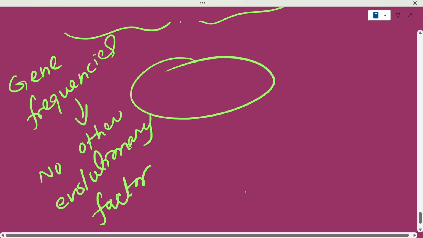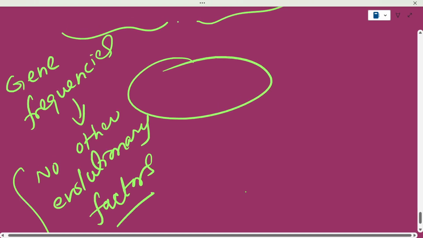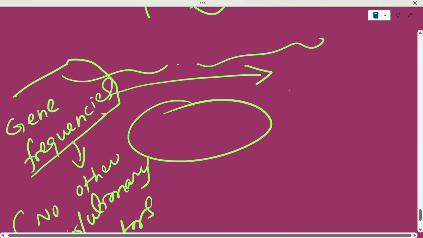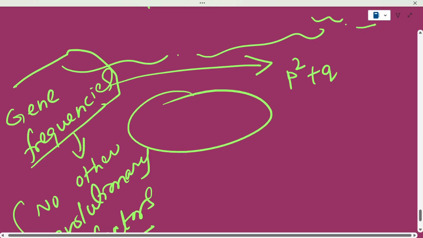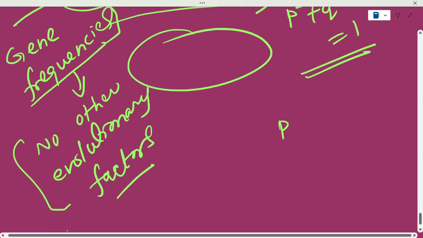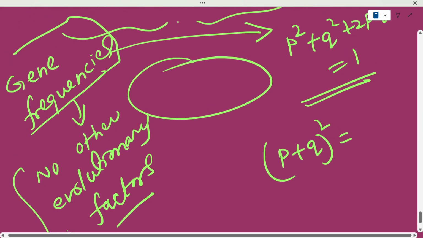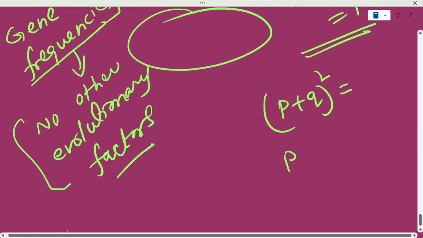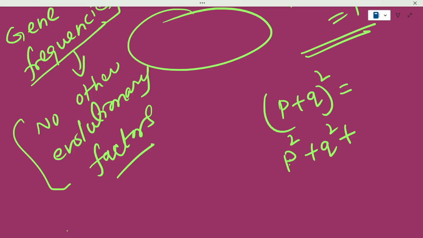So in the absence of all other evolutionary factors, the gene frequency of any population will remain constant, and that constant is described by this equation: p square plus q square plus 2pq is equal to 1. You know the basics, that this is the formula of p plus q whole square, which when simplified will result in p square plus q square plus 2pq.